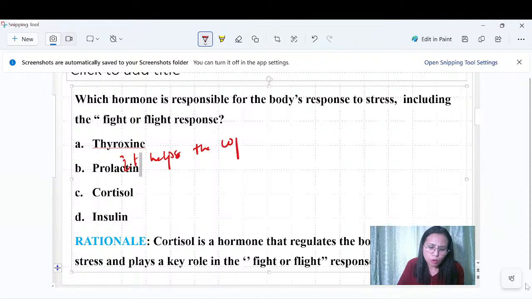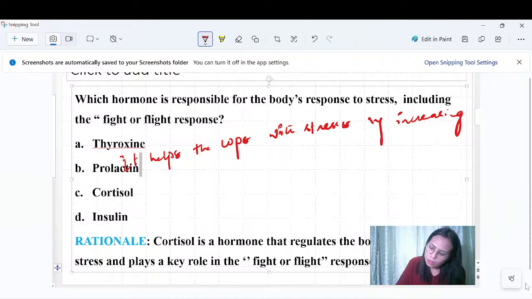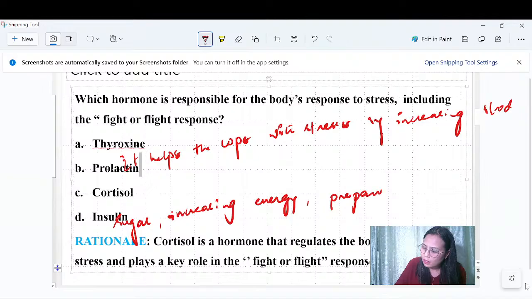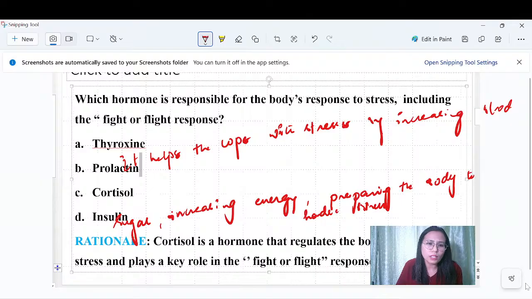It helps cope with the stress by increasing the blood sugar, increasing the energy, and preparing the body to handle the stress, and supporting the fight or flight response. So that is why among the options cortisol is the correct answer.